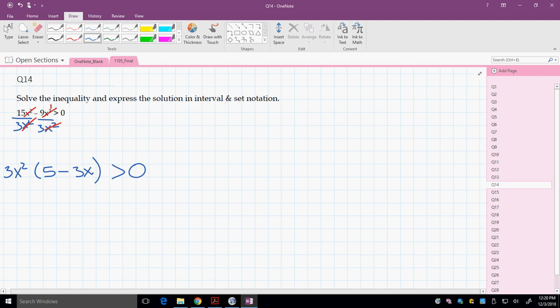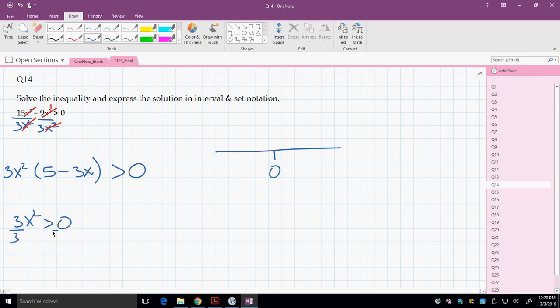So I need to think about my number line. I have 0. I'll think about a positive number and negative numbers. Which ones are going to be the section that is greater than 0? So we're going to test this. If I solve for x, this is going to give me 3x squared greater than 0.